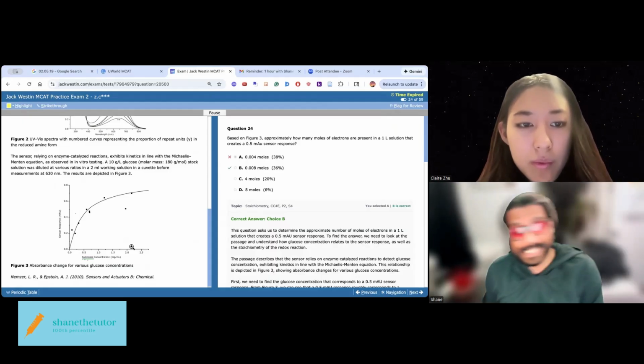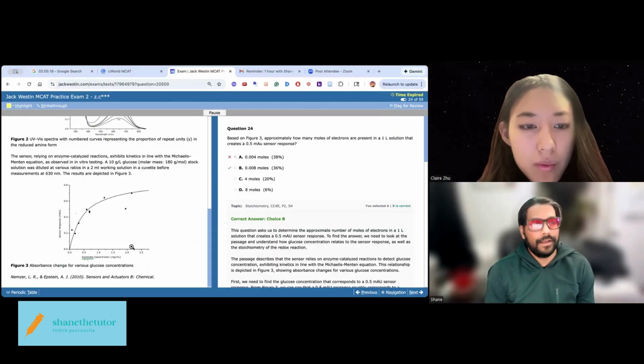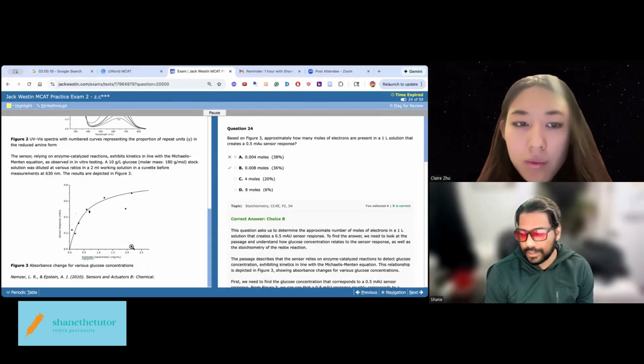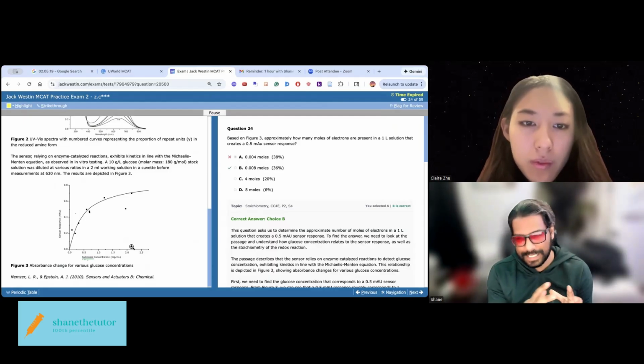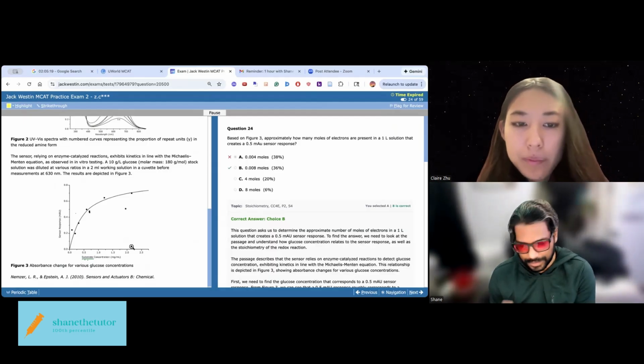But this is separate from the polyaniline, which they reduced, or was it oxidized? They did a redox reaction with the polyaniline to turn the imine into the amine.